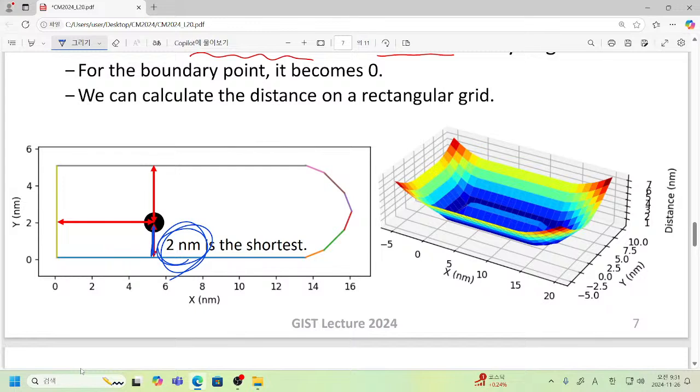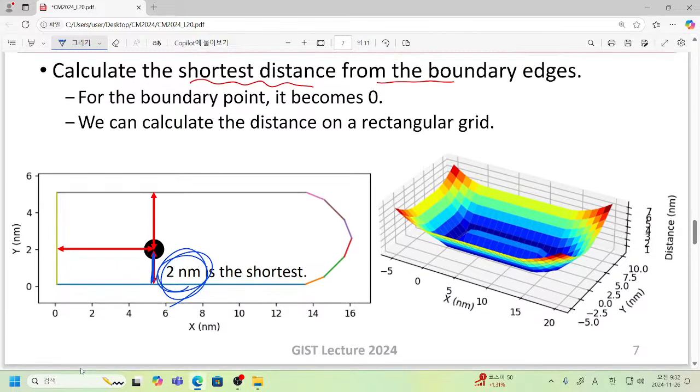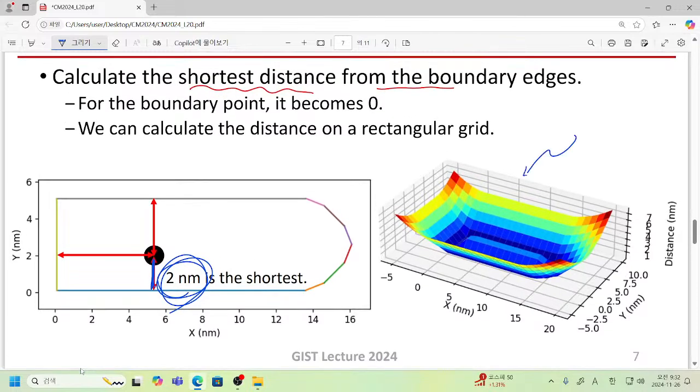So first of all, you can develop a calculation routine to calculate the distance. The right figure shown here just shows the result of that calculation. What I have done is I implemented a function that takes an arbitrary position.